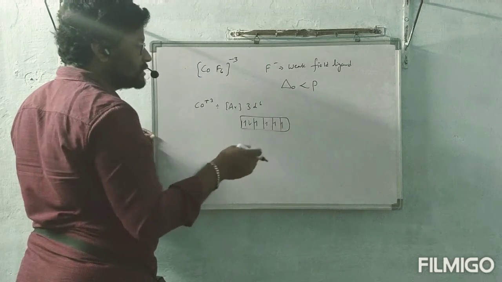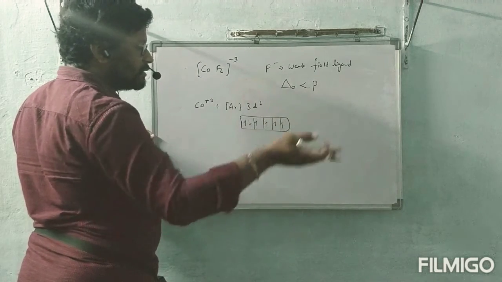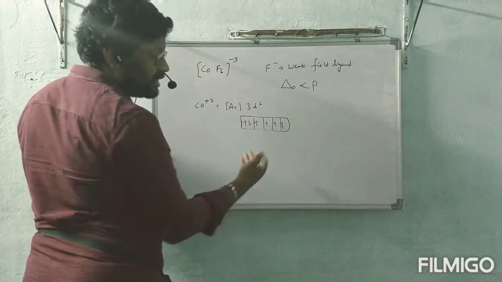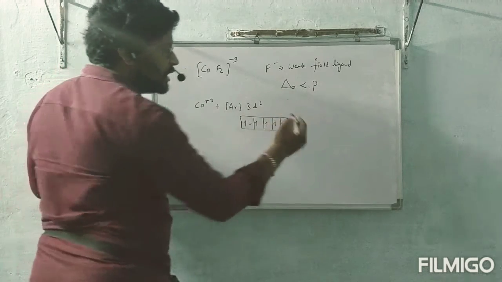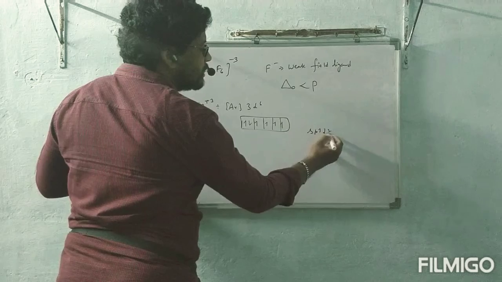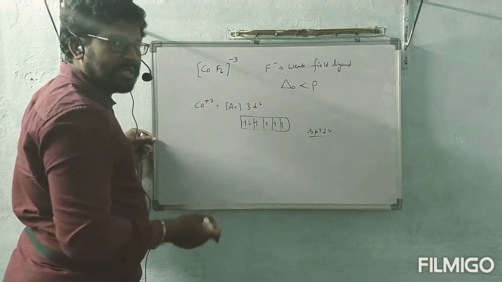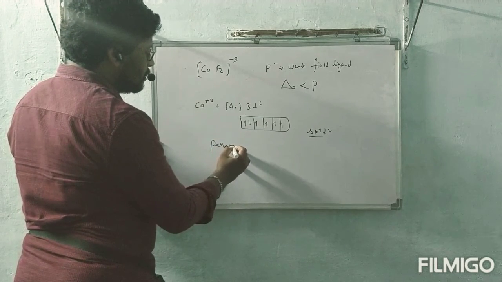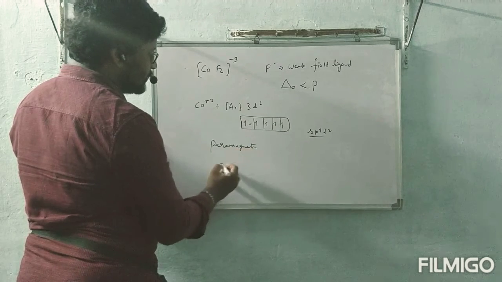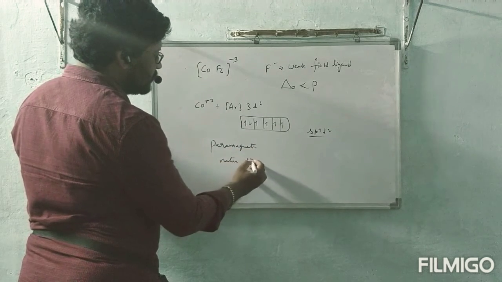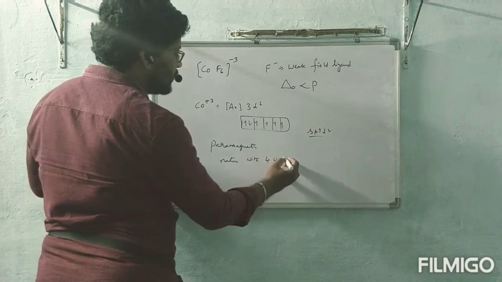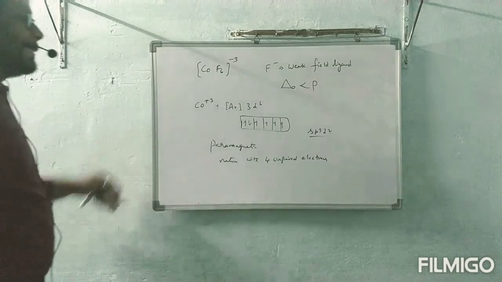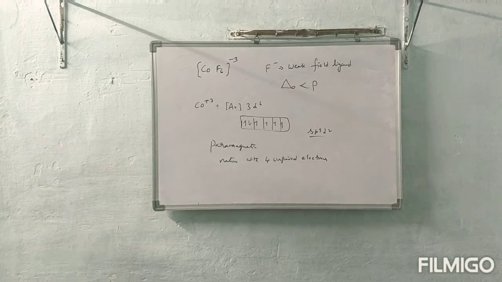So the electron comes into the 4th orbital, the 5th electron comes into the 5th orbital. After that, pairing takes place here according to Hund's rule. As 3d orbitals are not available, it will undergo sp3d2 hybridization, which is an outer orbital complex, high spin complex. This is paramagnetic in nature with 4 unpaired electrons.